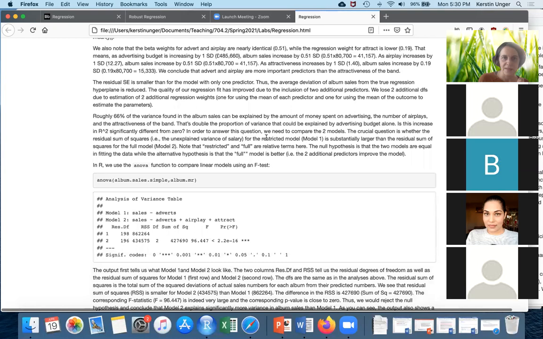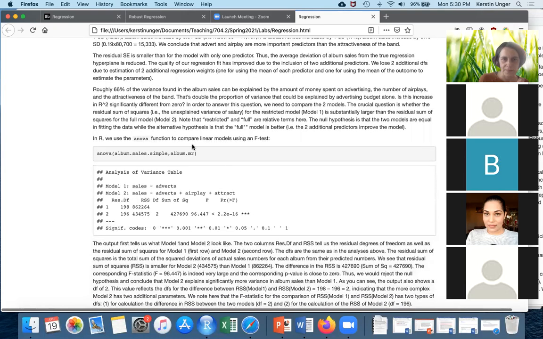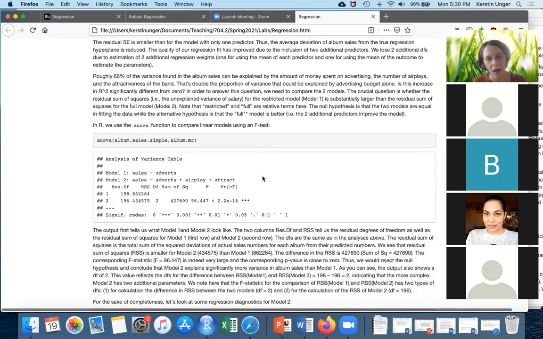Okay, all right. So now we come to the most important point of today's class, I would say the newest point, that we haven't talked about before. What we often want to do when we are running a regression model is compare multiple models against each other.